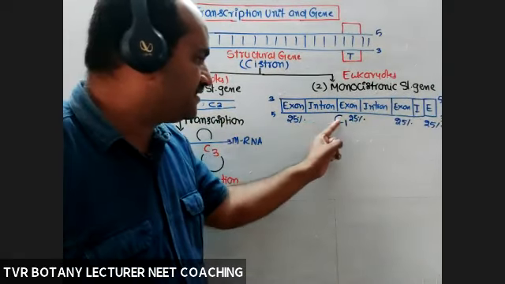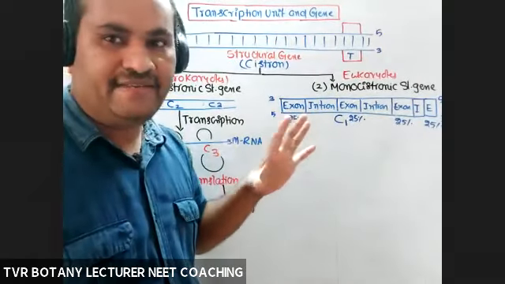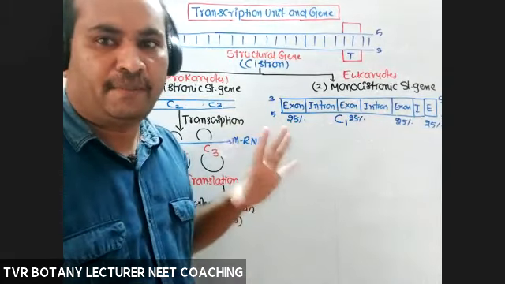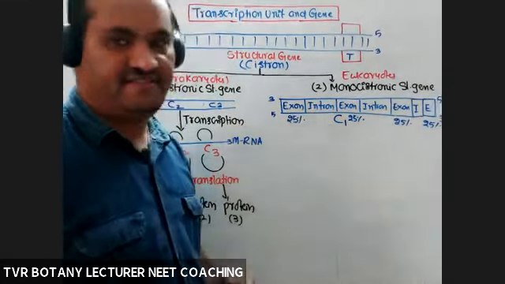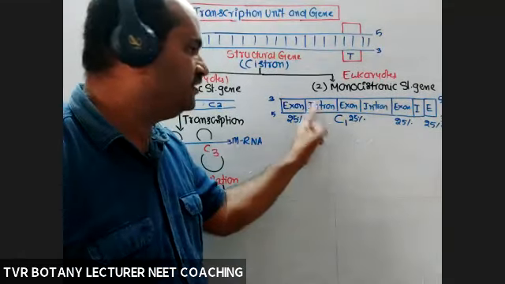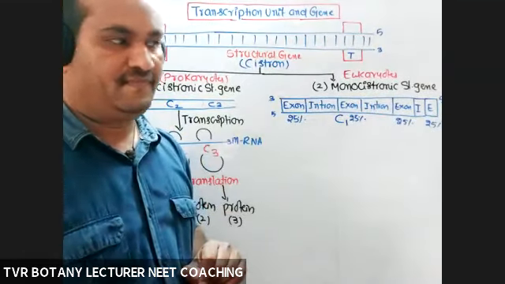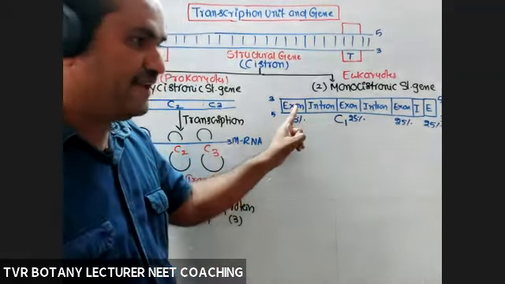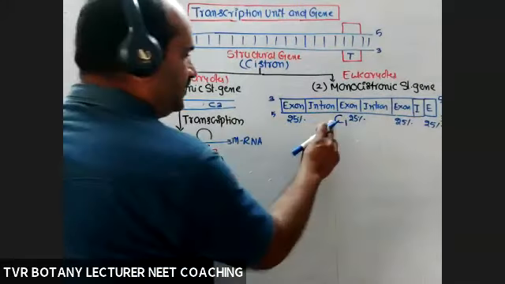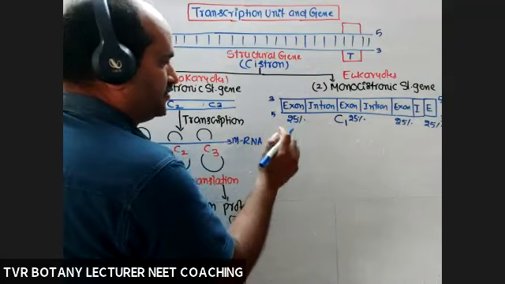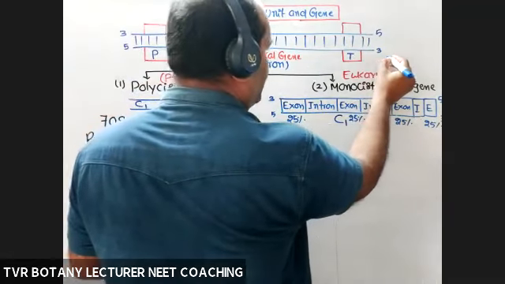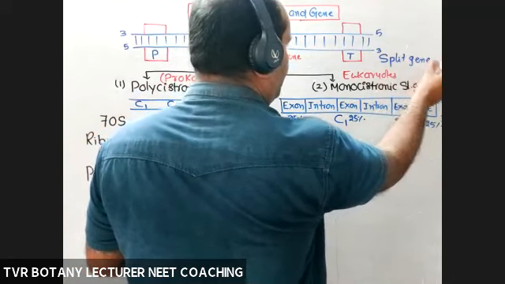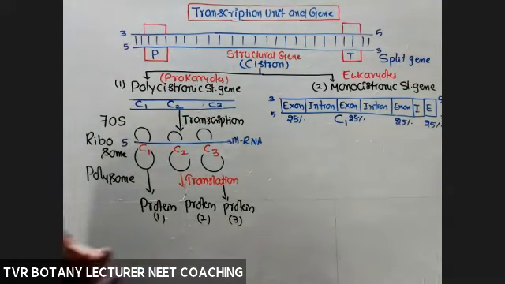So that cistron's coding part was cleaved into a certain number of coding regions, which are interrupted by non-coding regions. They do not code for protein formation. Remember this one: this cistron is cleaved into a number of segments. So this structural gene is called a split gene. This is the way to understand the textbook content.